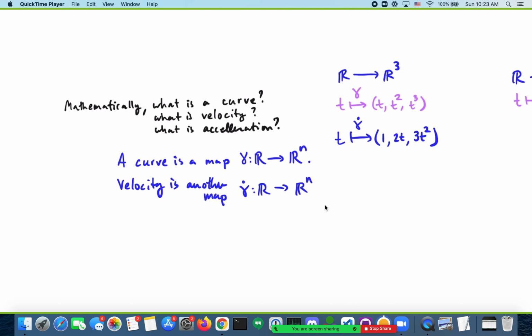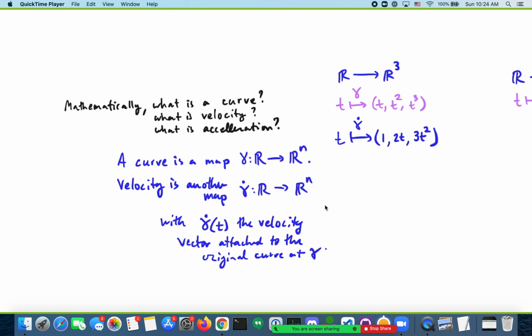But it turns out that a better way to think about it: velocity is another map, with gamma prime at a moment, like gamma prime at t, the velocity vector attached to the original curve at gamma of t. Okay?